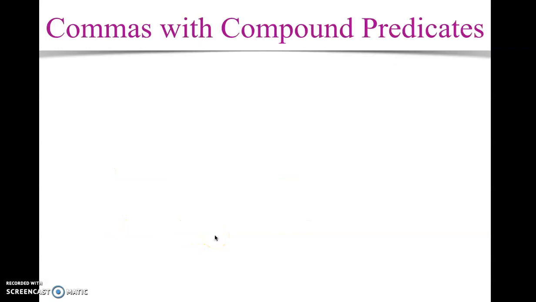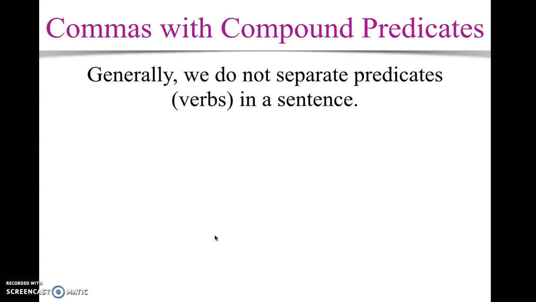Another situation, commas with compound predicates. Predicates are the verb part of the sentence. Compound means not just simple, not just one easily identifiable verb. So generally, we do not separate predicates, the verb part, in a sentence.